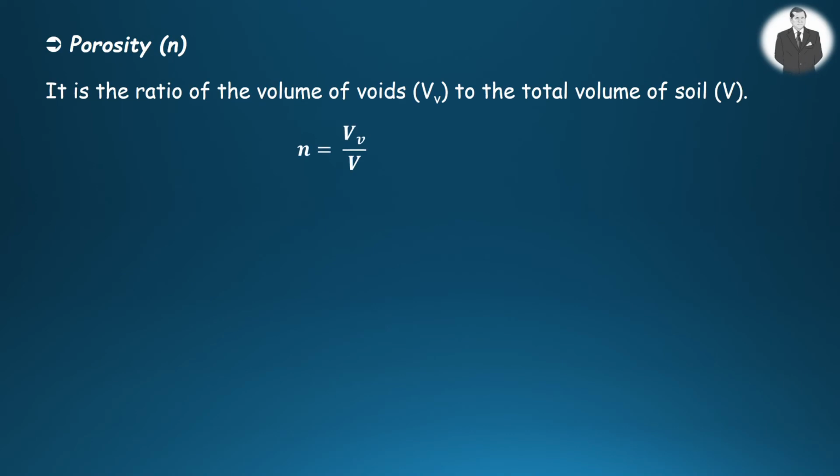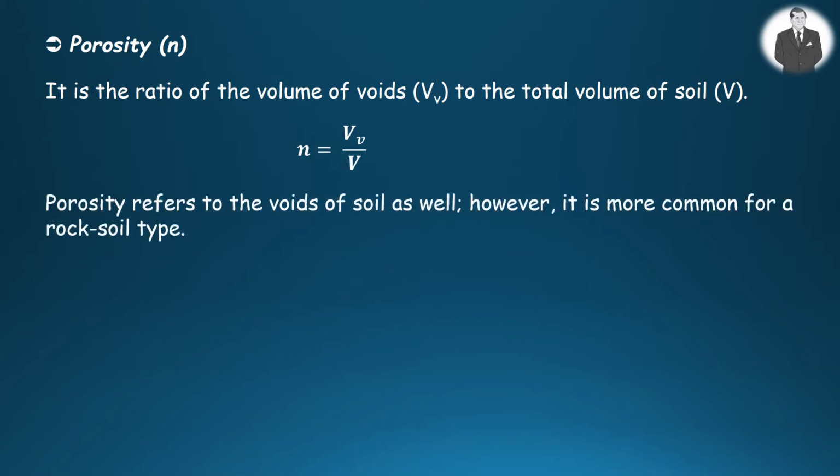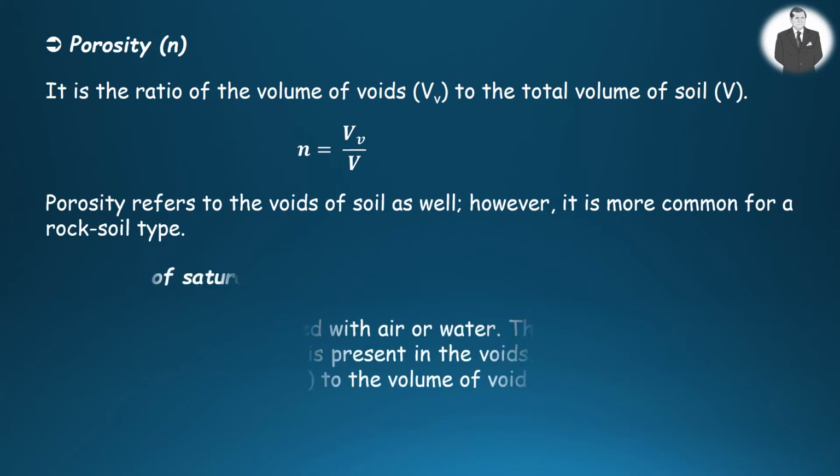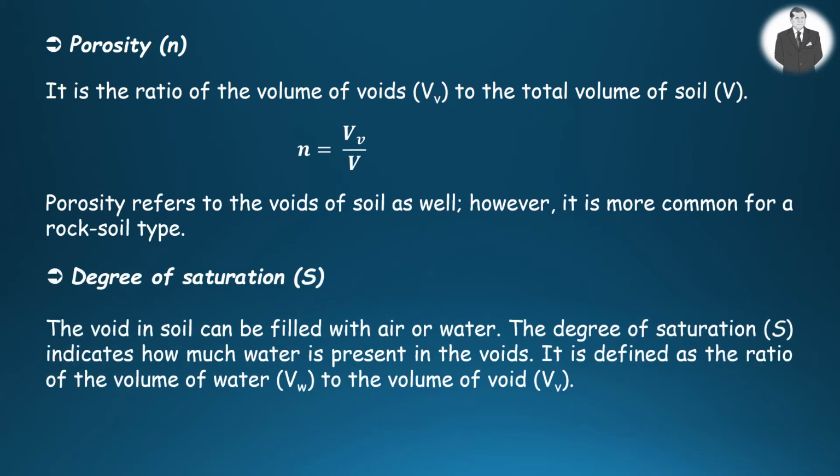Porosity is the ratio of the volume of voids to the total volume of soil. It refers to the voids of soil as well, but it is more prevailing for a rock soil type. The voids of soil mass are either filled with air or water or both. The degree of saturation points out how much water is available in the voids.